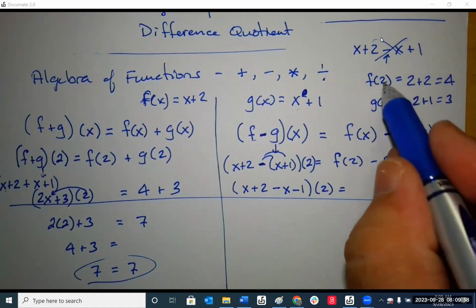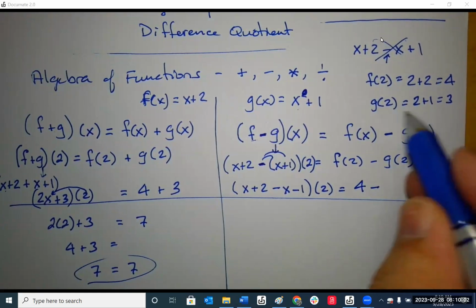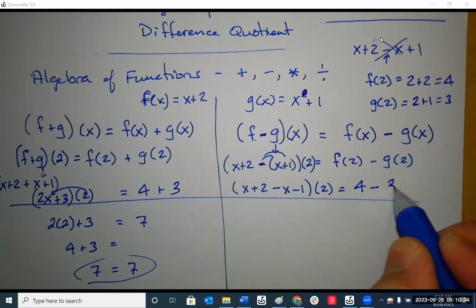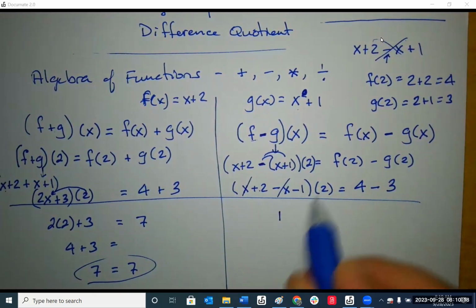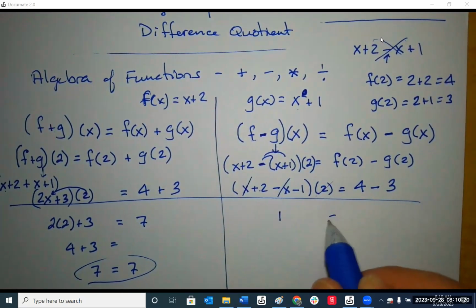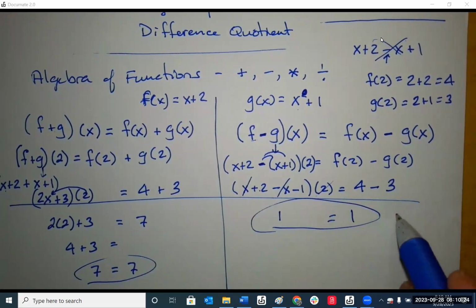F of 2, we know that's 4. G of 2, we know that's 3. On the left-hand side, x minus x cancels. 2 minus 1 is 1. Since there are no more x's, that doesn't matter. And we get the same answer.